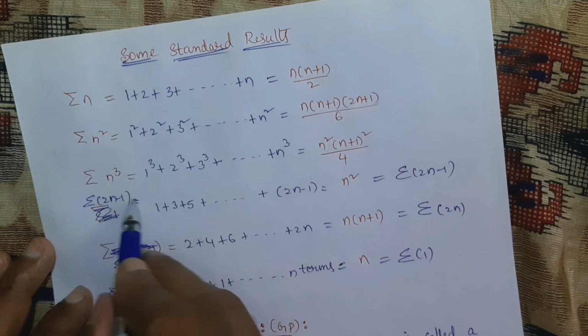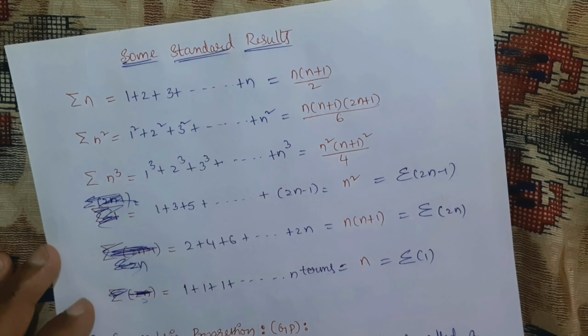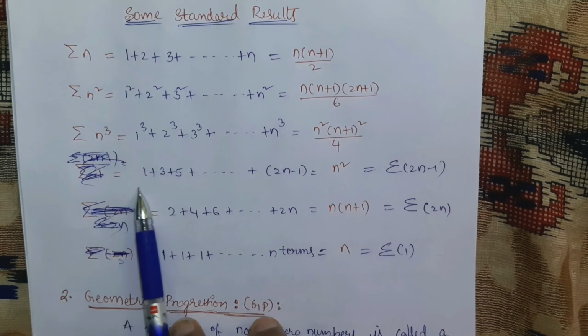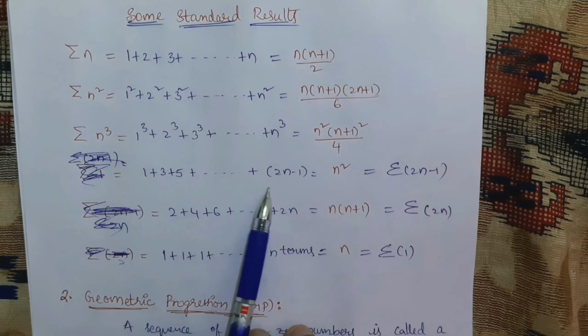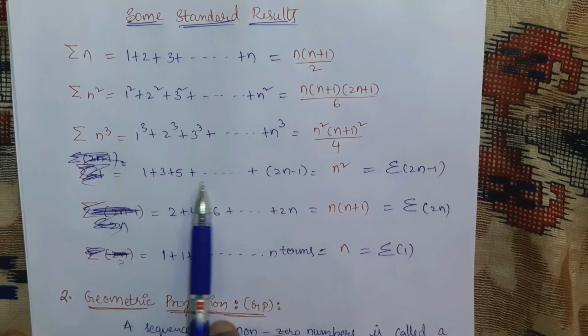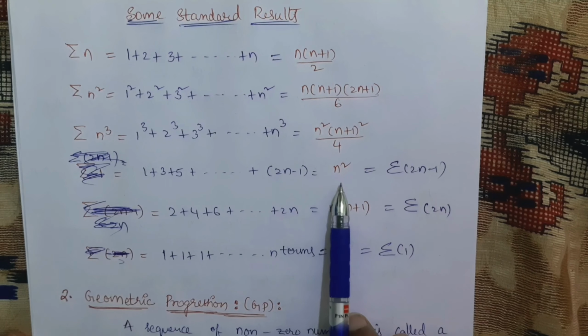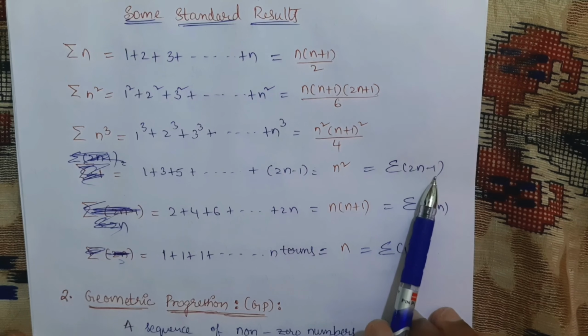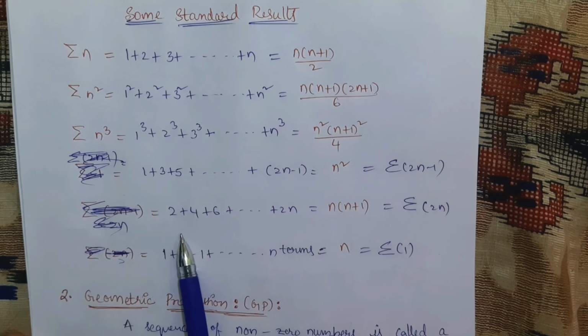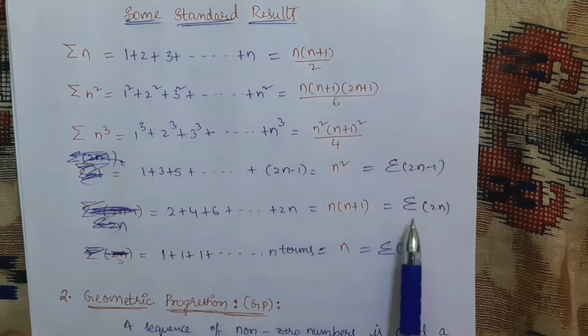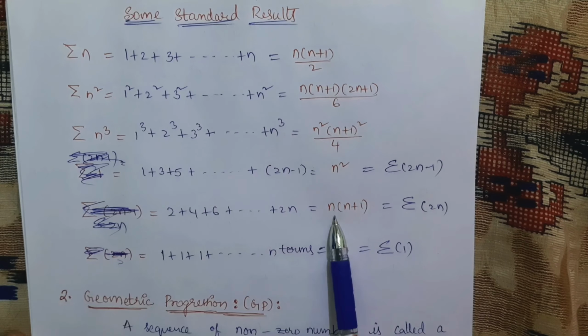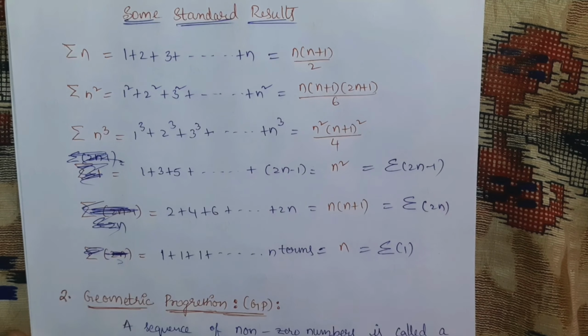Okay, forget about this. See here, if we add all those odd natural numbers, 1 plus 3 plus 5 and so on, that value is n square, which we write as sigma 2n minus 1. Similarly, if we add all the even natural numbers, sigma 2n, the formula is n into n plus 1. The shortcuts you need to remember.